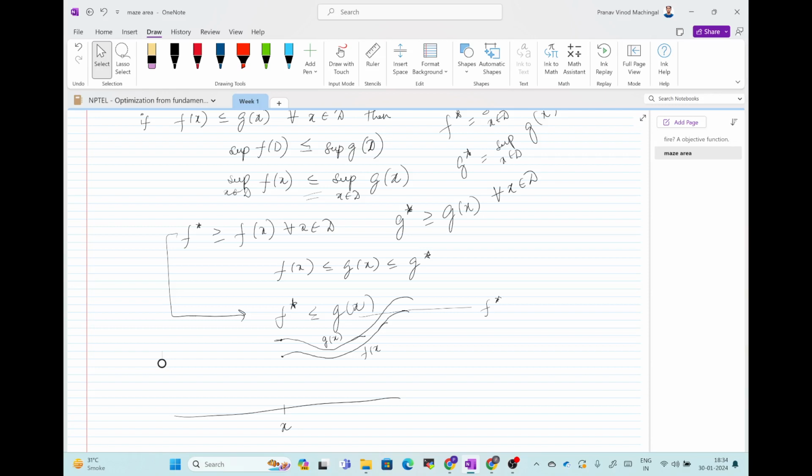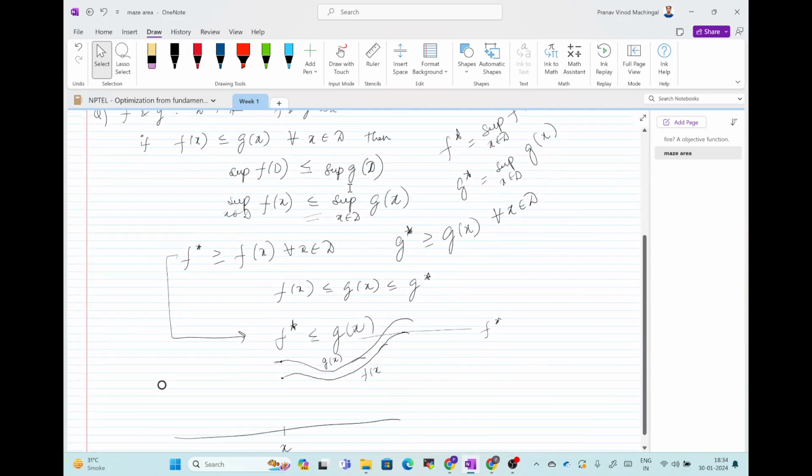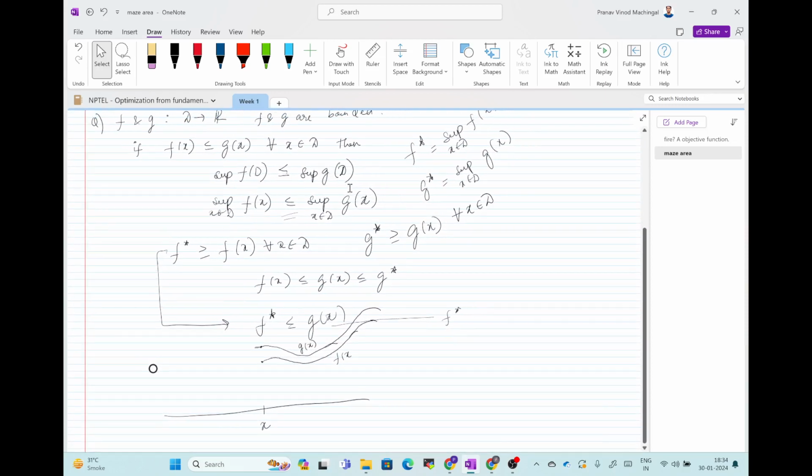Can you answer if D is compact? How can you easily answer this? I think we have learned one theorem. D is compact and f and g are continuous.